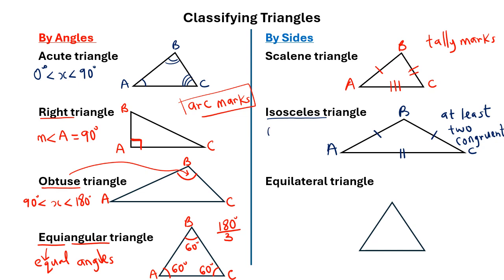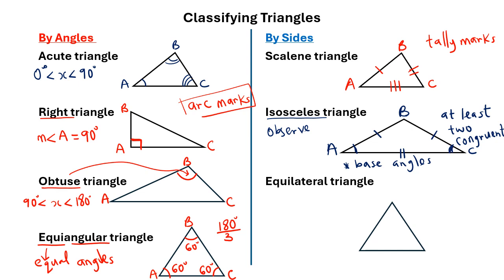One thing that I would like you to observe is what do you think would happen to angle A and angle C? Observe that they will be congruent. So an isosceles triangle has two congruent angles, and those angles are called base angles. Very important. Please note that the two congruent angles of an isosceles triangle are called the base angles.